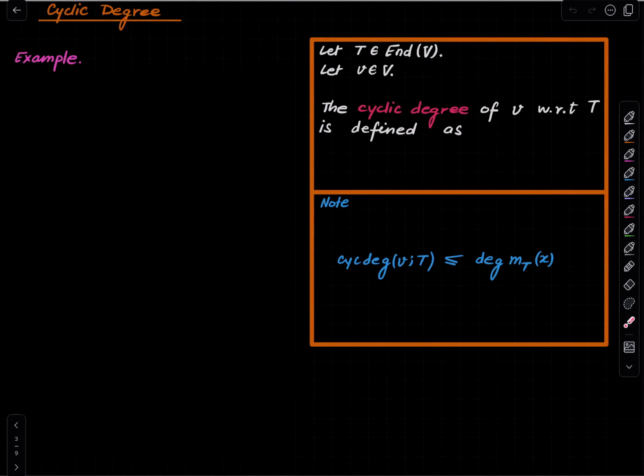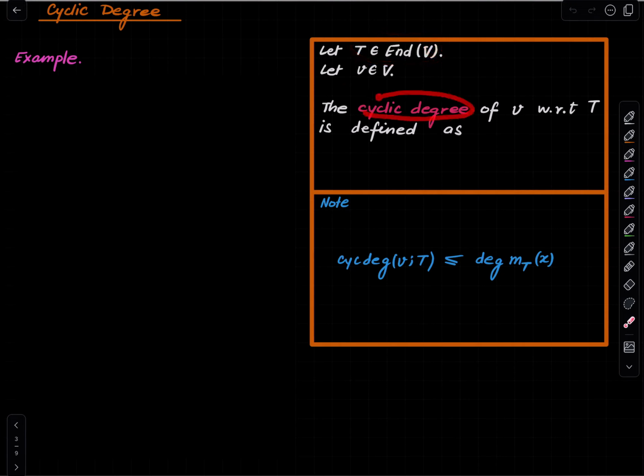So let's define what is called the cyclic degree, or what I have called cyclic degree. I don't think this is a phraseology that you will find in textbooks. I just invented it so as to facilitate exposition. So fix an endomorphism T on a vector space V and fix a vector v in the vector space.